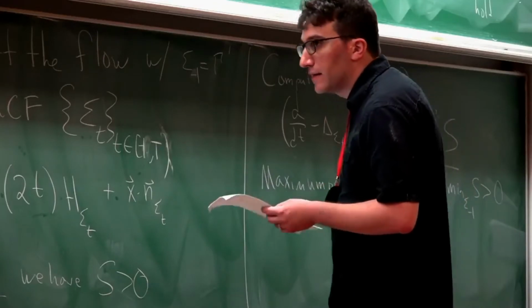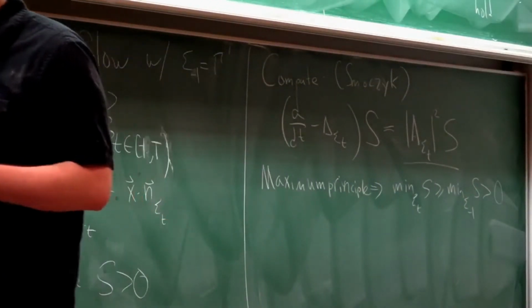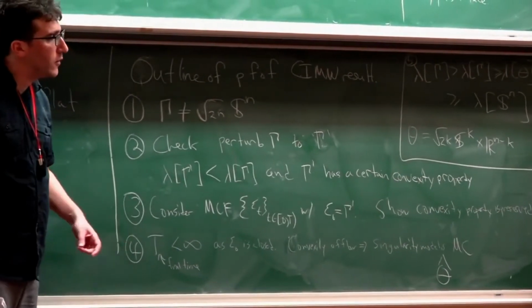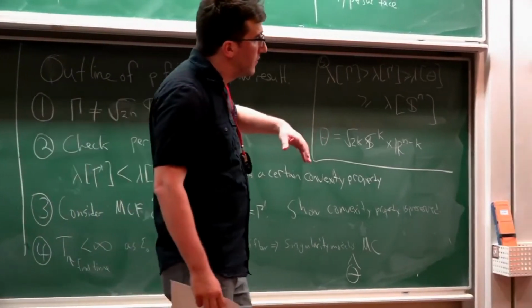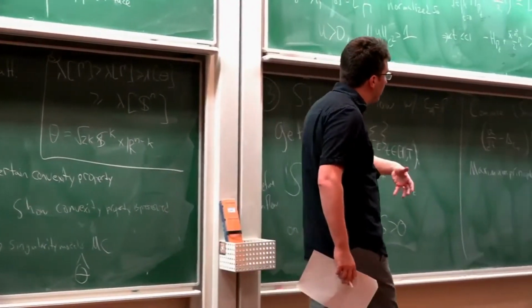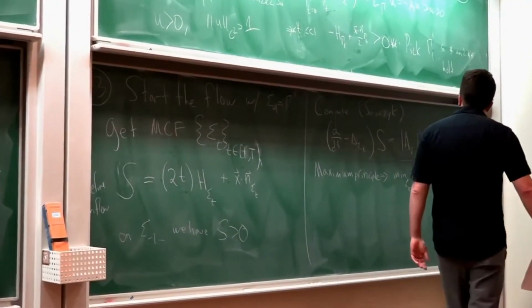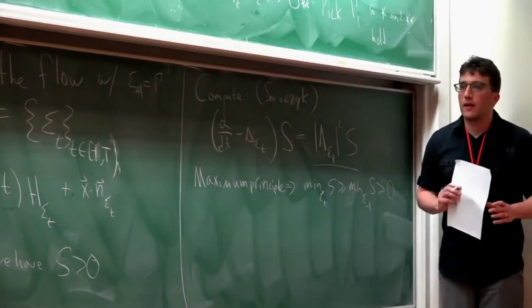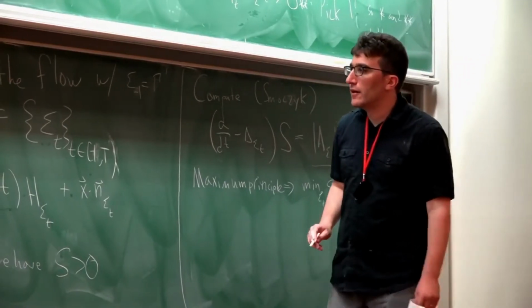Okay, so then we're in step 3. And now we want to get to step 4, where we want to show that somehow this mean convexity property is good enough to allow us to say something about the tangent or singularity models.